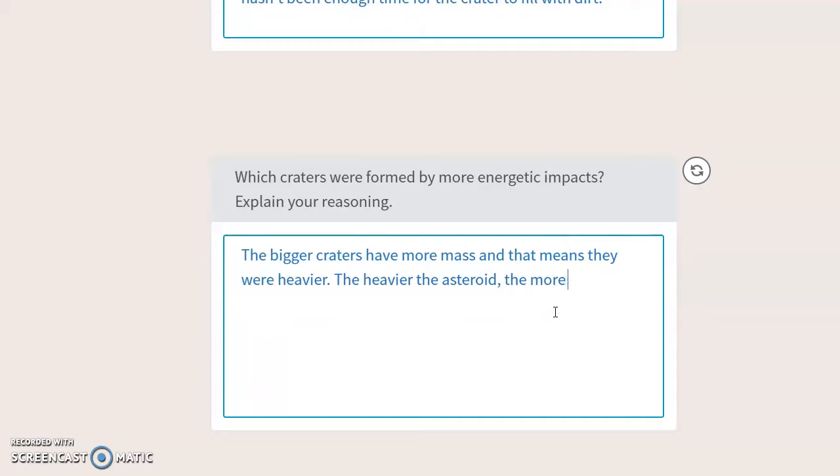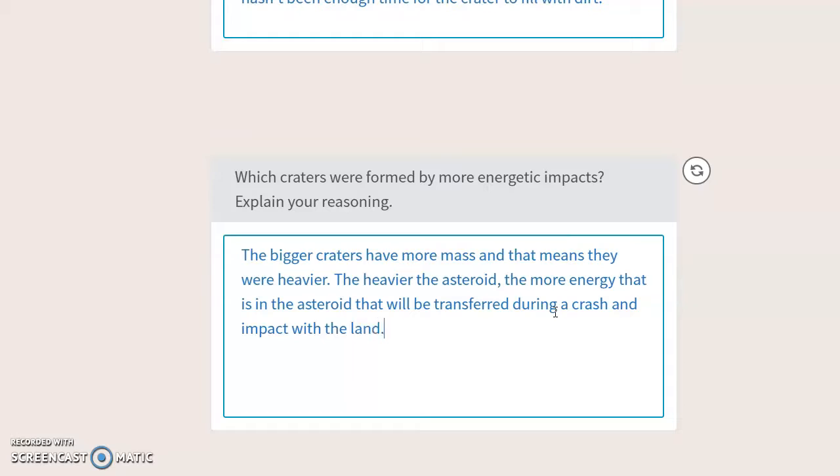The more energy that is in the asteroid will be transferred during a crash and impact with the land. Okay, so big craters have more mass. That means they're going to be heavier.